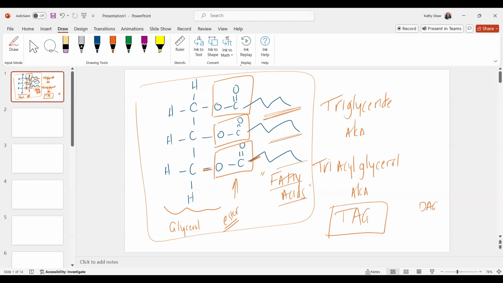We're not really going to do anything with a di, but when we do, we'll use DAG. For a mono, we're going to use MAG. Then for a free fatty acid, we'll either do FFA or FA. So you're going to see those abbreviations as we go through, kind of to save space on the screen too.